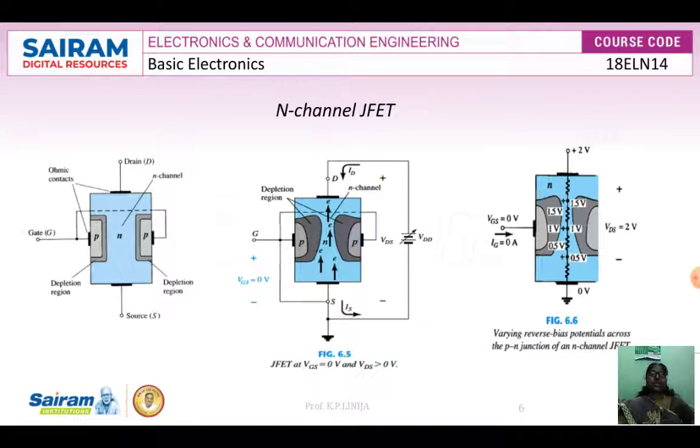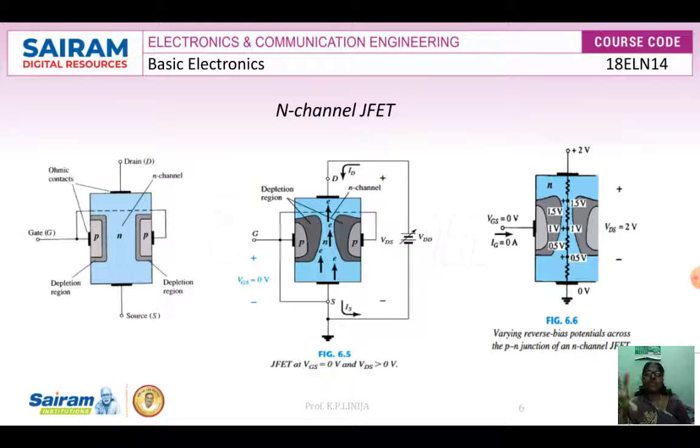Here VGS equal to 0 means the positive voltage VDD is applied as shown in the second diagram, and the gate and source are connected to ground, so that we make VGS equal to 0 volts.